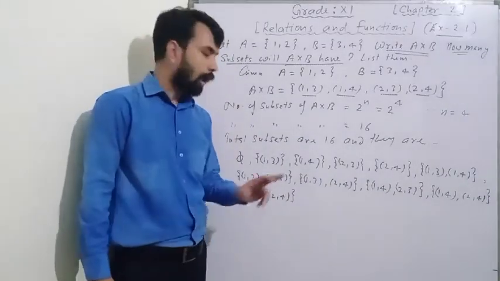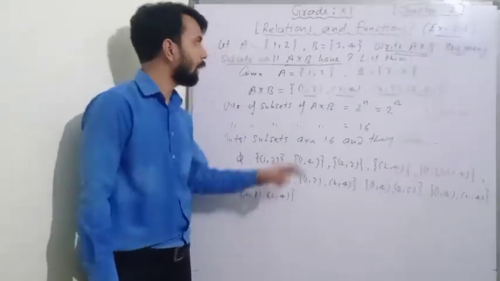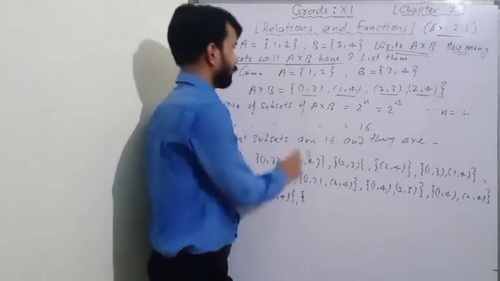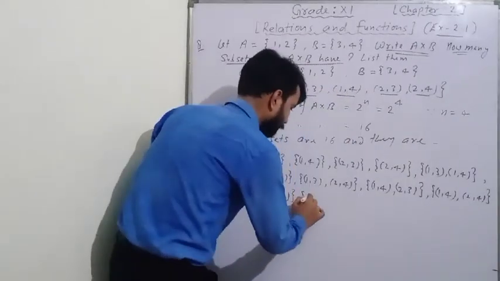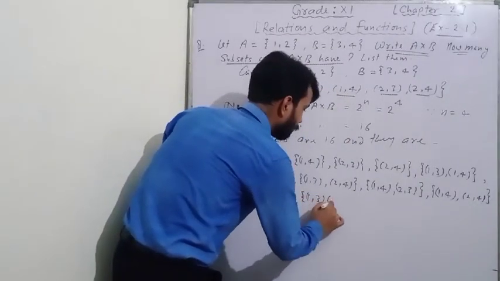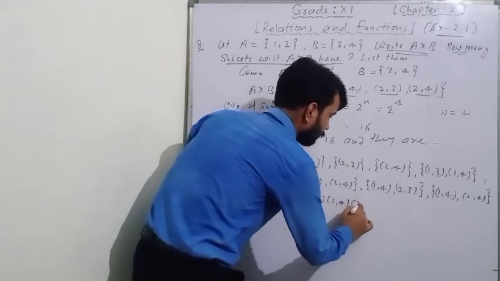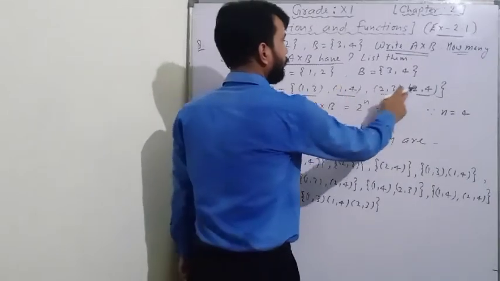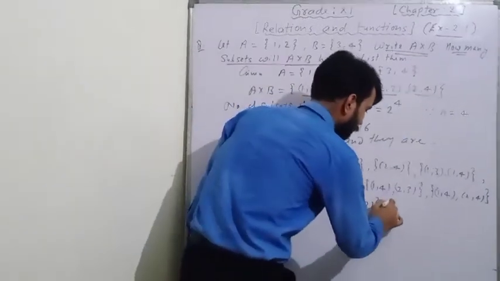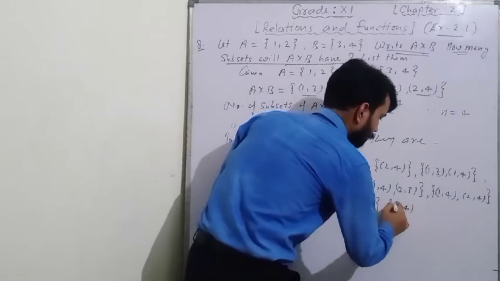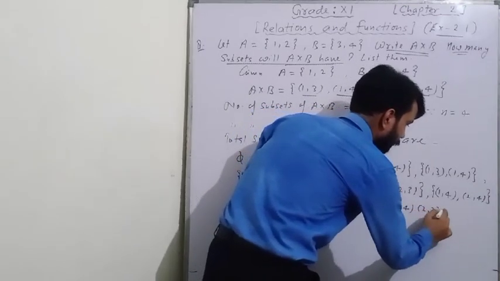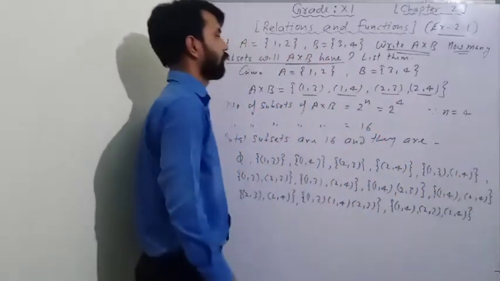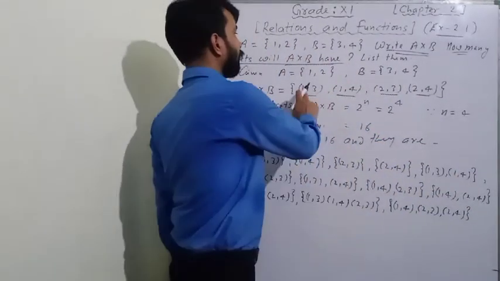Clear? After making the 2-element subsets, we will have to take 3 elements. (1, 3), (1, 4), (2, 3). Now (1, 4), (2, 3), (2, 4). Now (1, 3), (2, 3), (2, 4).